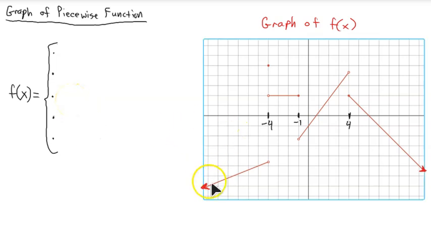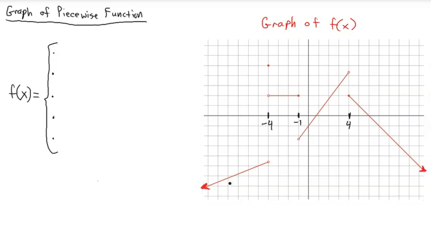Okay, so this first piece right here, we need to identify the slope of this particular graph. To identify the slope, I'm going to need to identify the rise over the run, and it looks like it intersects this point right here, and it also intersects this point right here. And so it looks like it goes up 2, so plus 2, and it goes over 1, 2, 3, 4, 5, so plus 5, and it looks like the slope of this function is 2 over 5, okay?